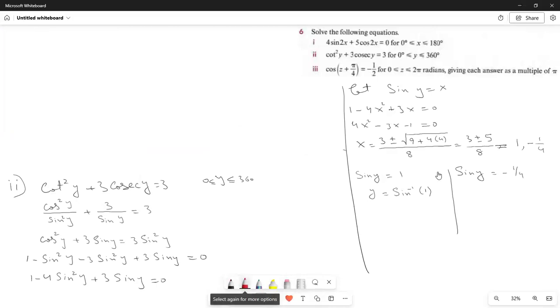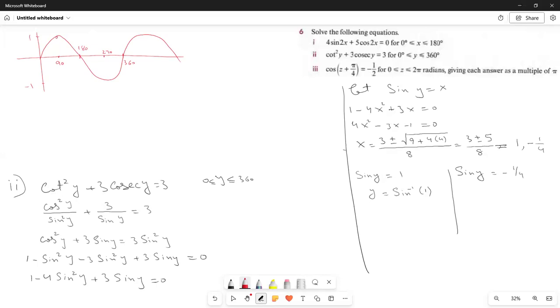Now, remember how the graph of sine x looks like? It is something like this. This is 1, this is minus 1, this is 180, this is 360, this is 90, and this is 270. So for what value is the sine inverse 1?